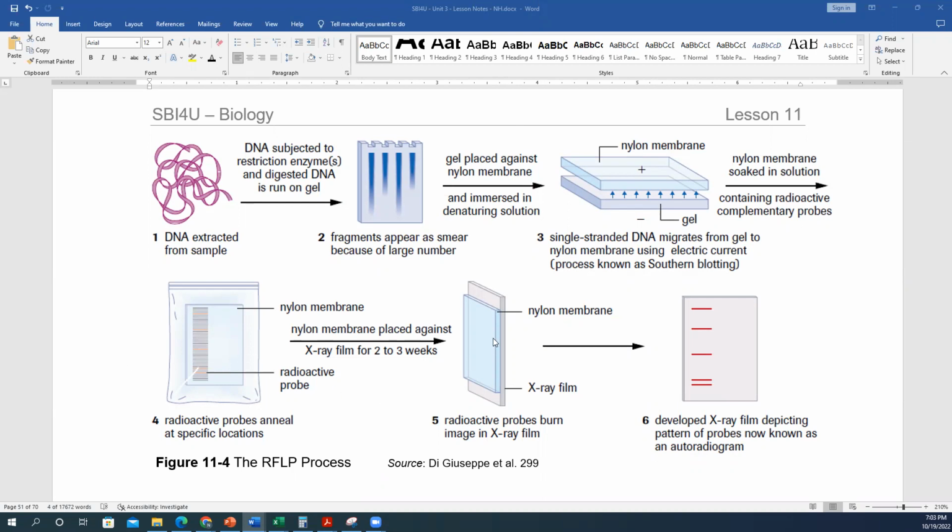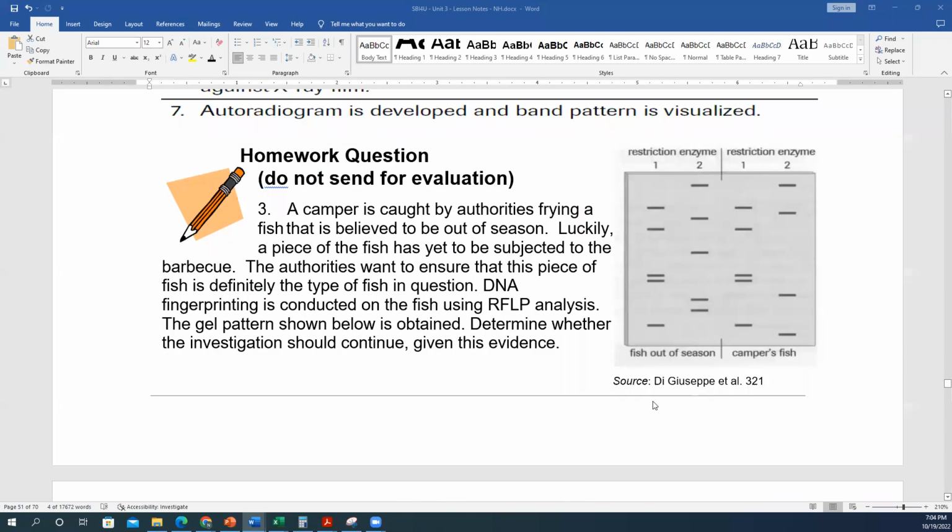Then this nylon membrane with its hybridized radioactive probes is placed against an X-ray film, and the autoradiogram that is developed has a banding pattern that gets visualized here. So that's just RFLPs in short.